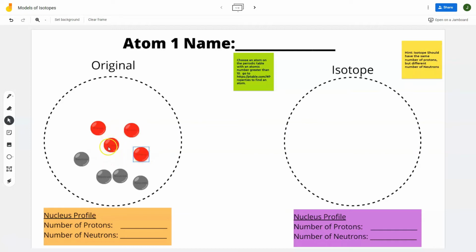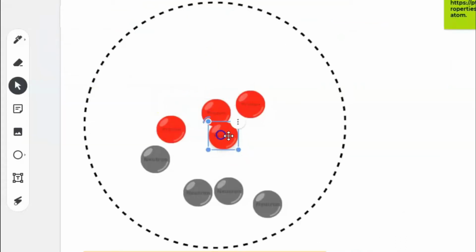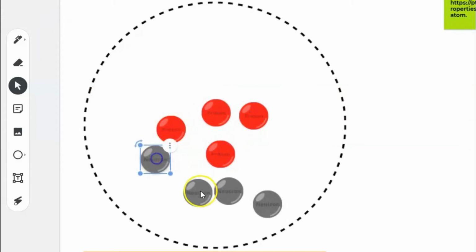Okay, looks good. The next piece of information we need is the atomic mass. So we have 9.01. We're going to round that, so we're going to say that the atomic mass is 9. That means the number of particles in my nucleus should be only 9. So let's go ahead and count 1, 2, 3, 4, 5, 6, 7, 8.